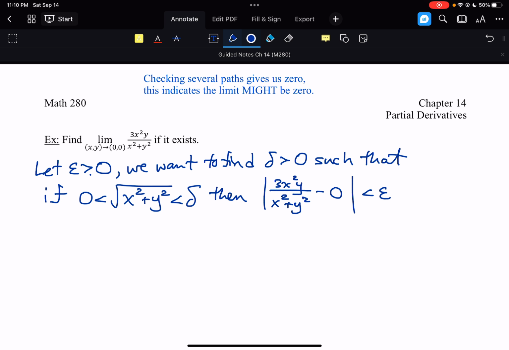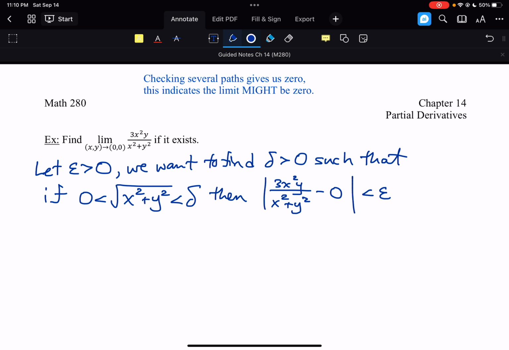Okay, so epsilon is greater than 0, some really small number, and delta is greater than 0, also a very small number. If the distance between (x, y) and (0, 0) is shrinking, less than delta, the distance between the function and the limit should be shrinking, less than epsilon. Again, that's us getting closer and closer.